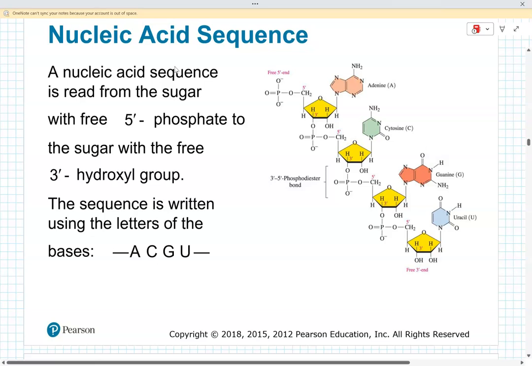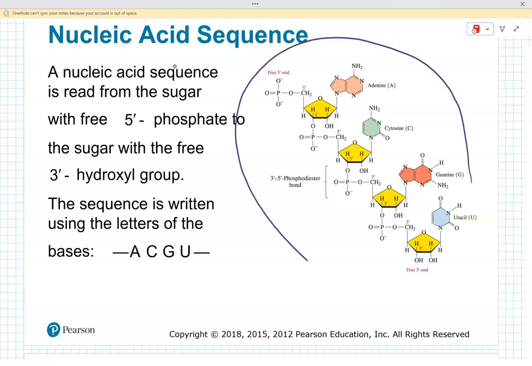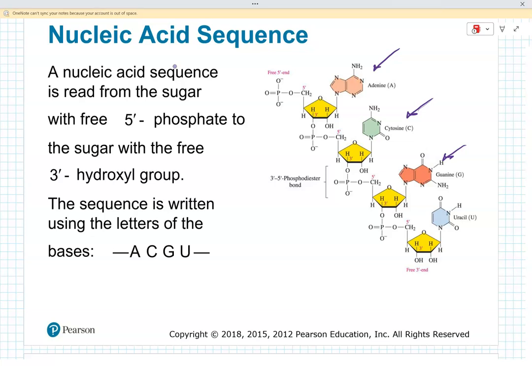Conventionally, look at this. We don't have to picture all of it, because phosphates and sugars are the same. All we need to designate is the bases, right? And we need to put them in the correct order.